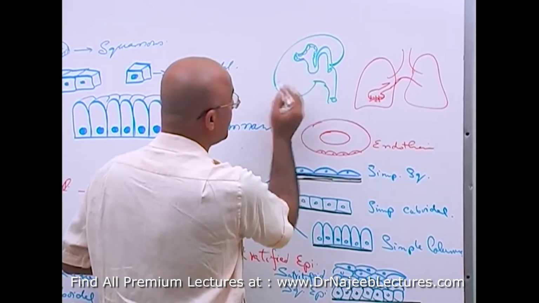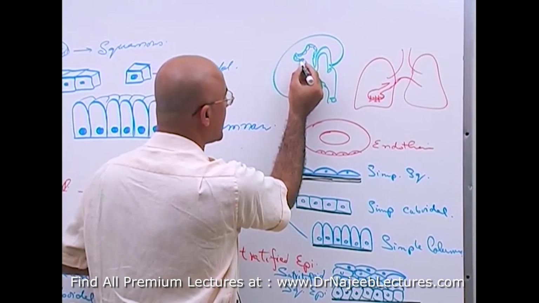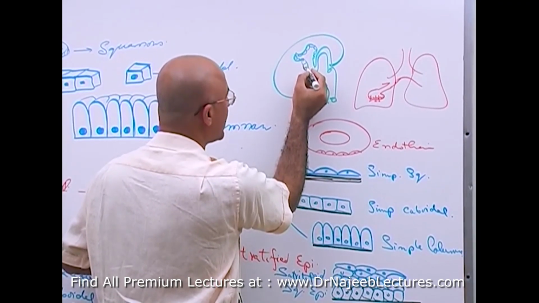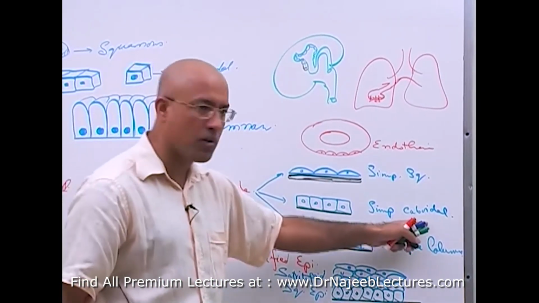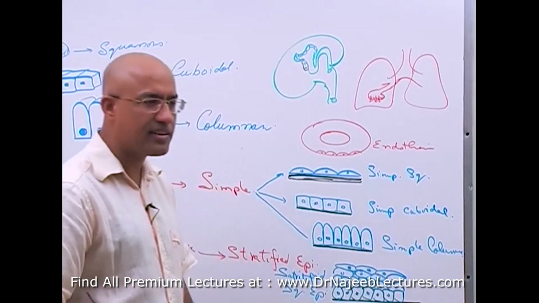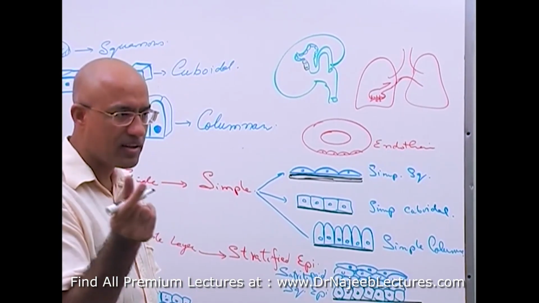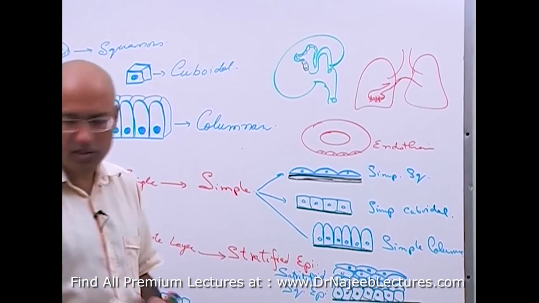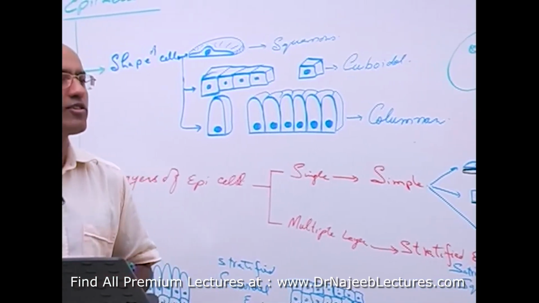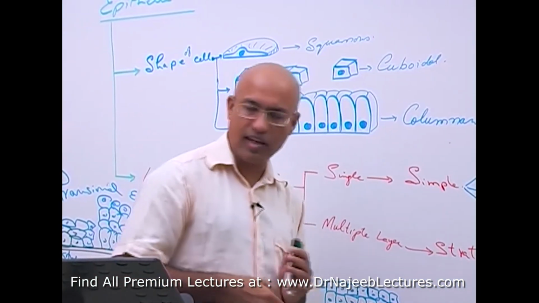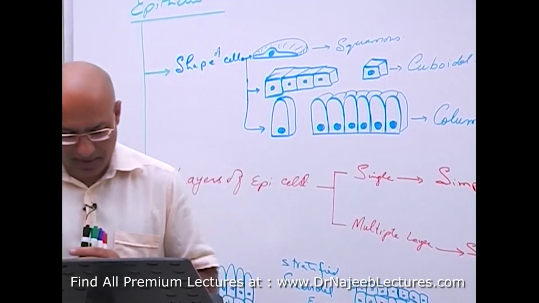Nephrons have simple squamous epithelium in the filtration unit, but elsewhere they have cuboidal cells. And in the same way, many glands have their ducts lined by simple cuboidal epithelium. In females, the surface of the ovaries is also lined by simple cuboidal epithelium.